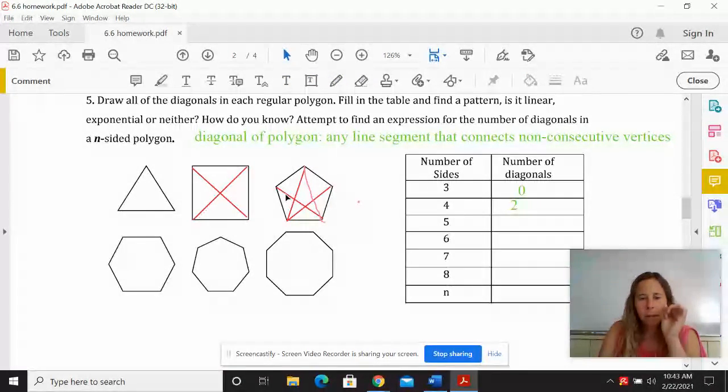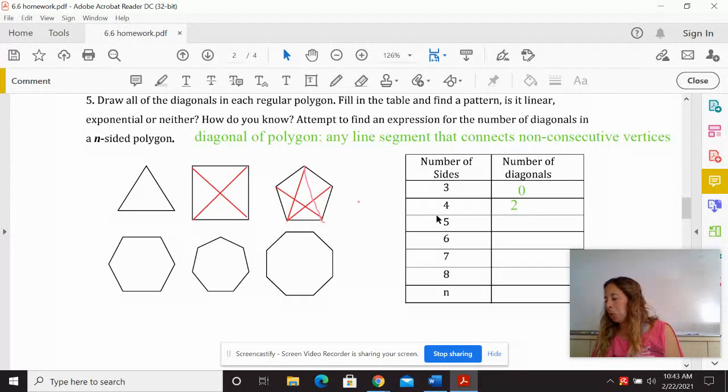So that is 1, 2, 3, 4. 4, I believe. Let me check my answer before I write it down for you. Oh, it's 5. 1, 2, 3, 4. I'm missing one. Okay, we go from there to there.